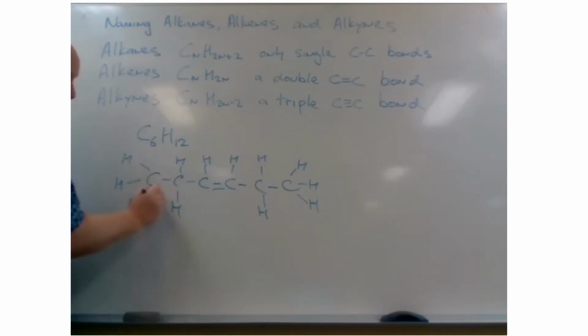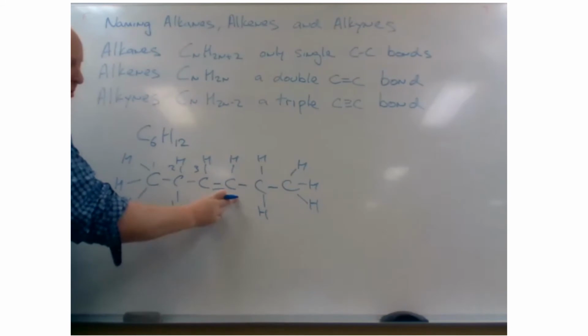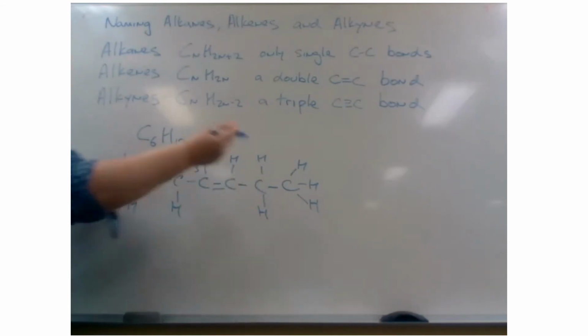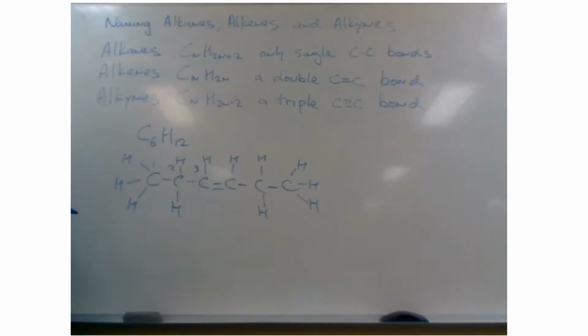All right, let's label this. 1, 2, 3. So from this end, 1, 2, 3, until I get to the double bond. Let's check the other end. Maybe I can get a smaller number. 1, 2, 3. So because hexene is symmetrical, I can turn it 180 degrees without breaking any bonds.